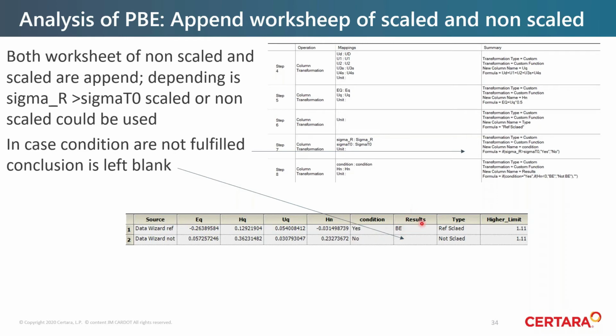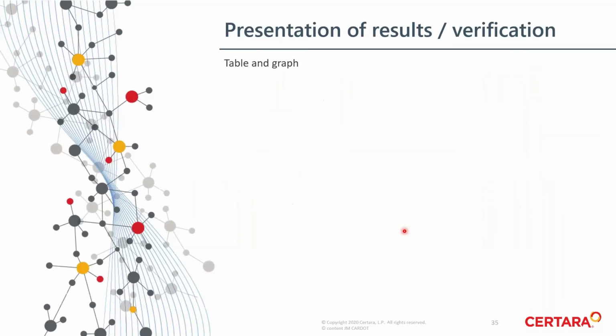And I have the result which is going to appear only when the condition is fulfilled, which is the reference scaled one. And the result is: I am bioequivalent in this case. So it's a lot of calculations, but it's not something which is very complicated. When you have made all your calculations, you need now to present them.